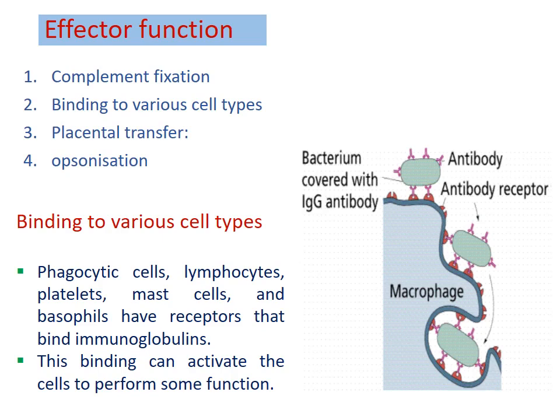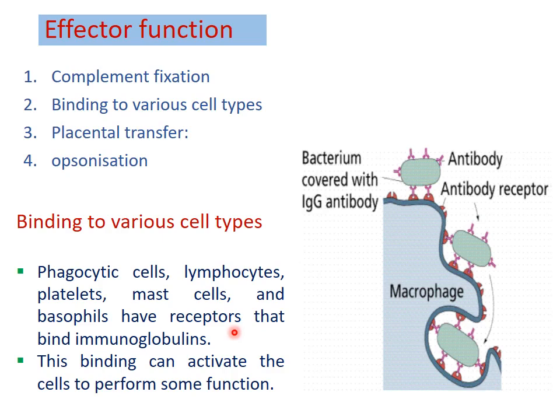Now, the effector function. So, what are the effector functions? Effector function number 1 is complement fixation. Number 2, binding to various cell types. That is, the immunoglobulin molecules can bind with various cells like phagocytic cells, lymphocytes, platelets, mast cells, basophils, via their Fc receptor.